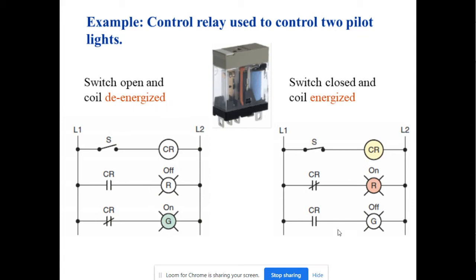We have two relay diagrams, one when it is de-energized, and the other when it is energized. When it is in the de-energized state, the switch is open, and when it is in the energized state, the switch is closed.